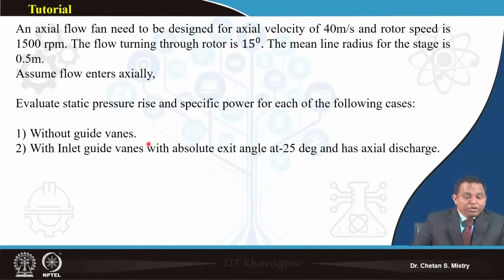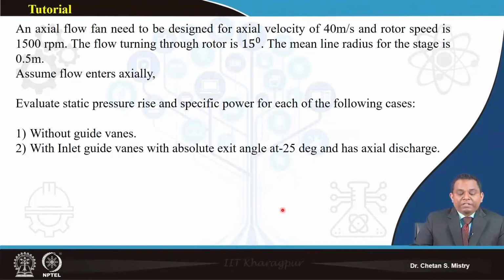Take one numerical: we have an axial flow fan that needs to be designed for an axial velocity of 40 meter per second, rotor speed is 1500 rpm, flow turning angle is 15 degree for the rotor, and mean line radius for the stage is 0.5 meter. Consider that flow is entering axially.